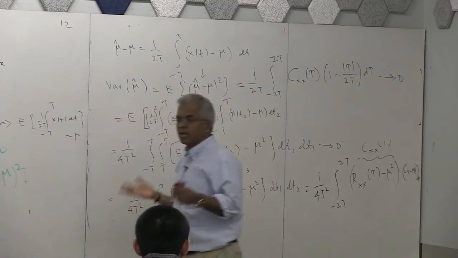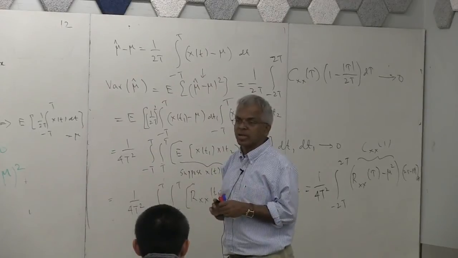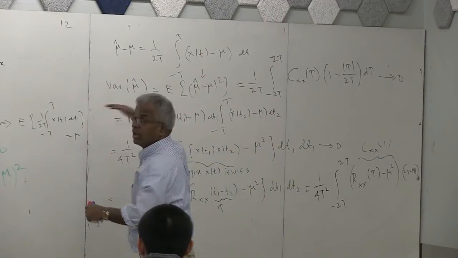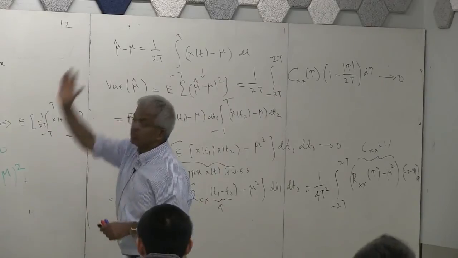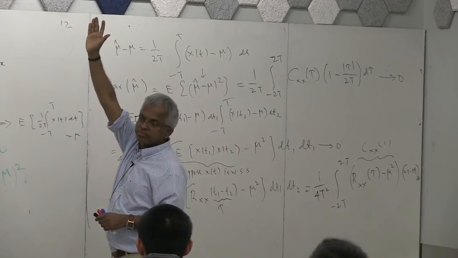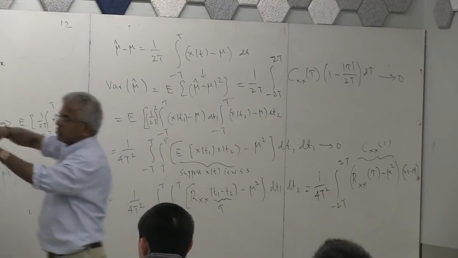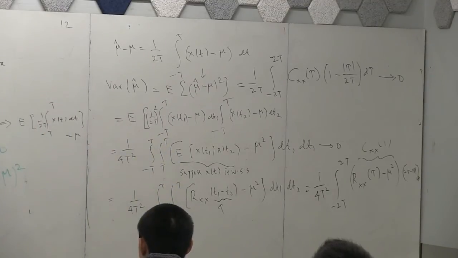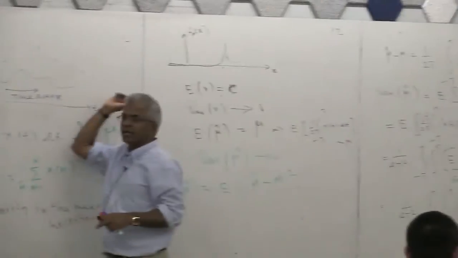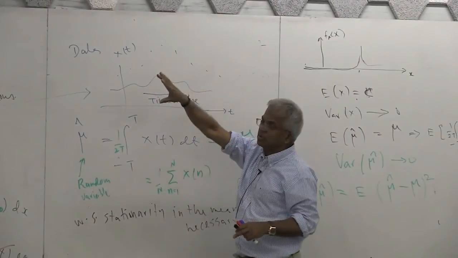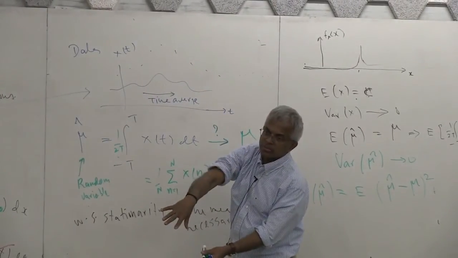And here in this case, apples and oranges can be compared, because one is averaging in time. Actually, we wanted averaging in ensemble. So this is very special. Just because the process is Wide-Sense Stationary doesn't mean this makes sense. You need an additional condition. So ergodicity is a deeper concept.